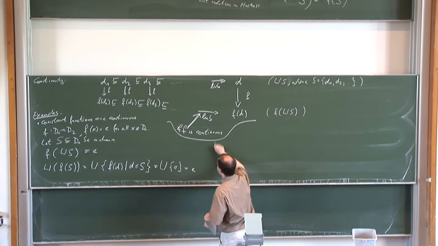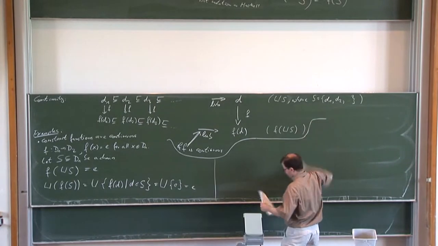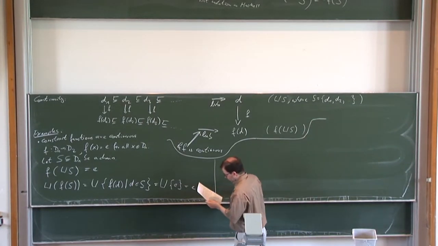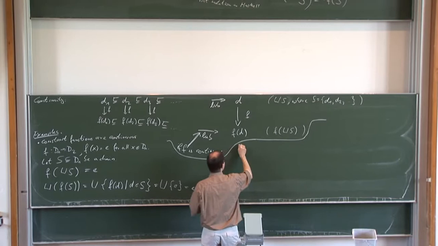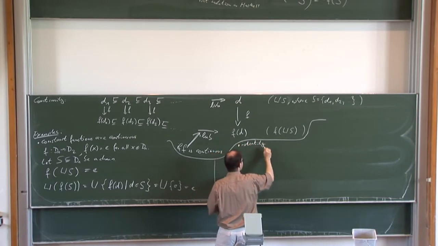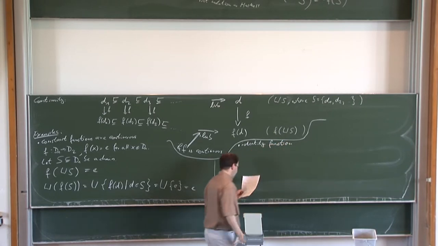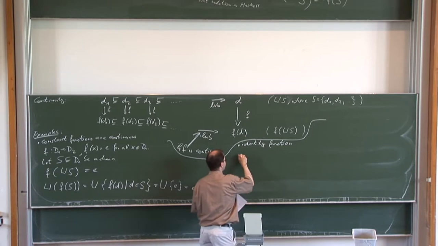Now let's look at another example. So the next example is the identity function. So the identity function is the following.